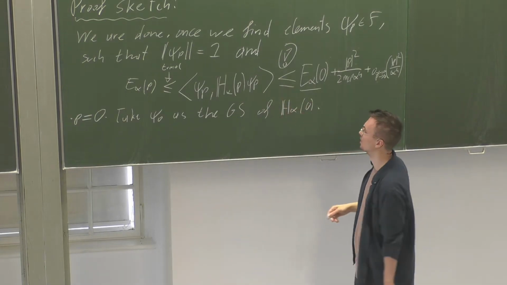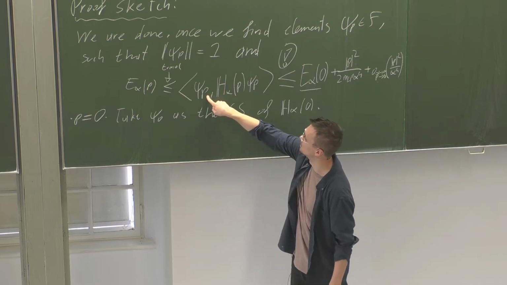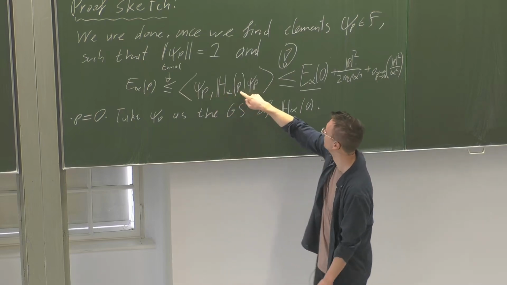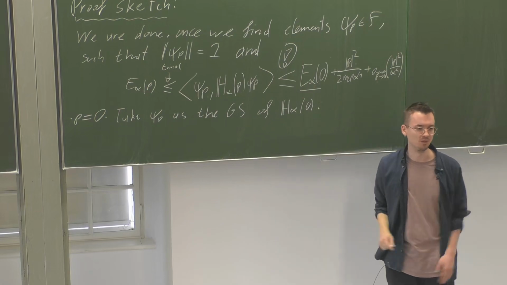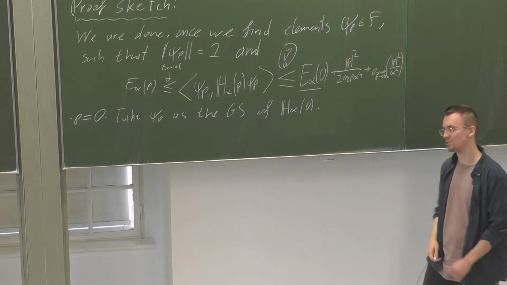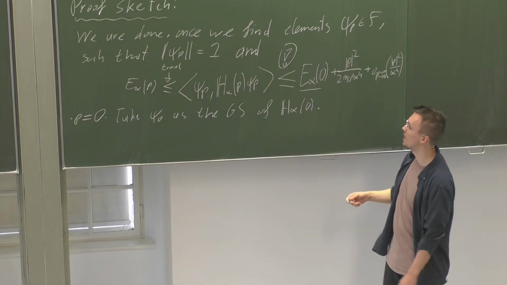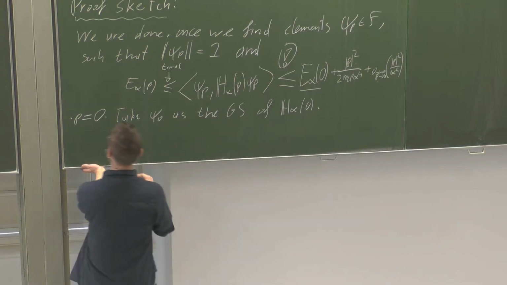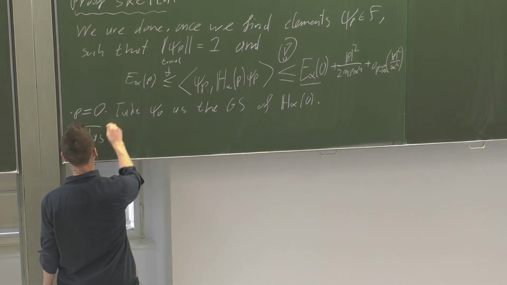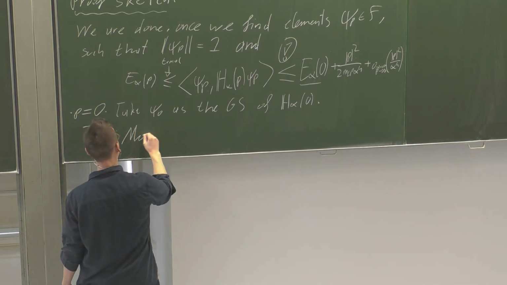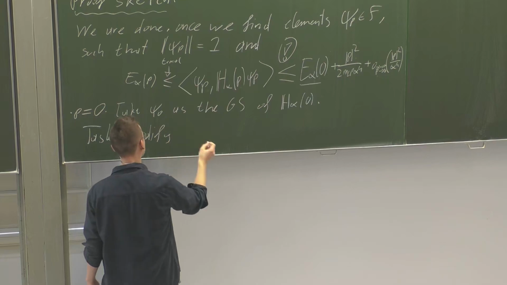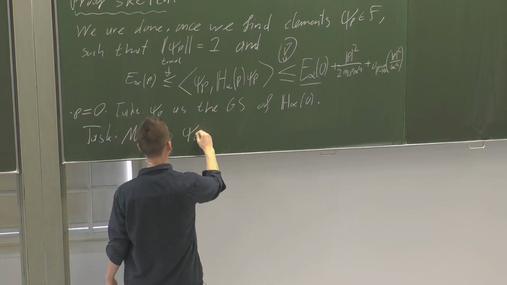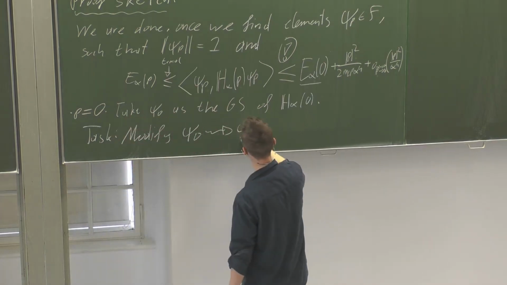If you take this, nothing happens, because if you plug in here p of 0 for the 0 Hamiltonian, you get exactly alpha of 0. You would have done. Now, if we want to go to non-zero p's, we have to modify the ground state. So the task is we have to modify psi 0 and modify it to some function psi of p.